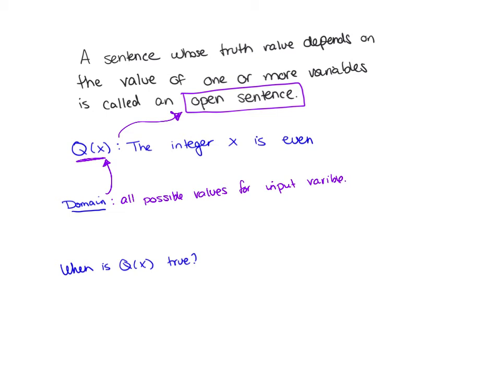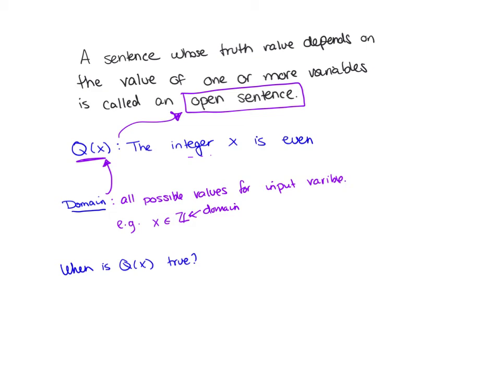So here, my x is just going to be some integer. That's my domain, is integers. Okay, so for this specific Q of x, when is it true?